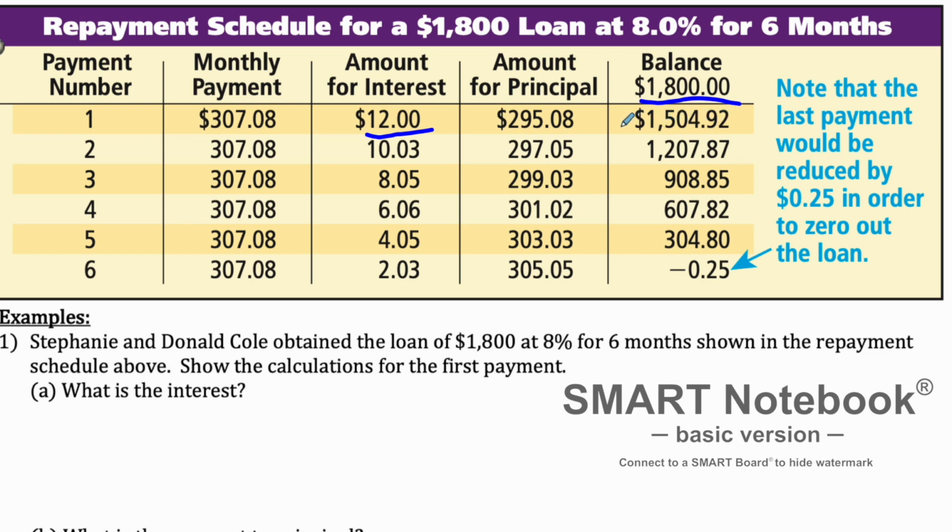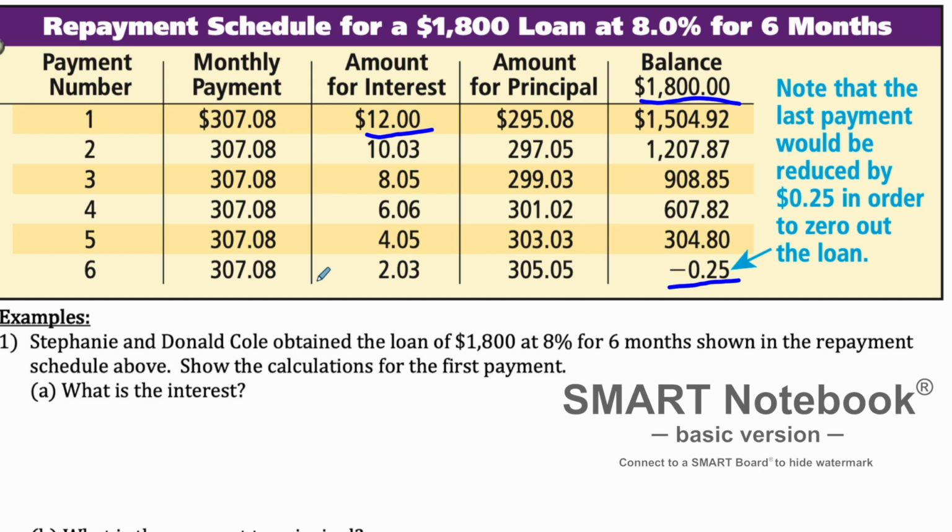You can see that through this payment, if we continue this out, your final amount will be a negative number, and there's a little note here about that. Basically that means your final payment, instead of being the $307.08, would actually be 25 cents less than that, because you end up paying 25 cents over.